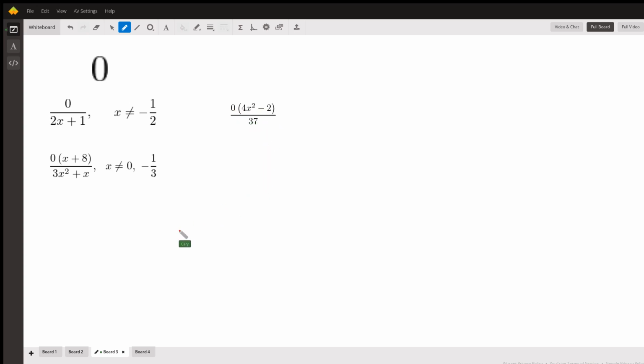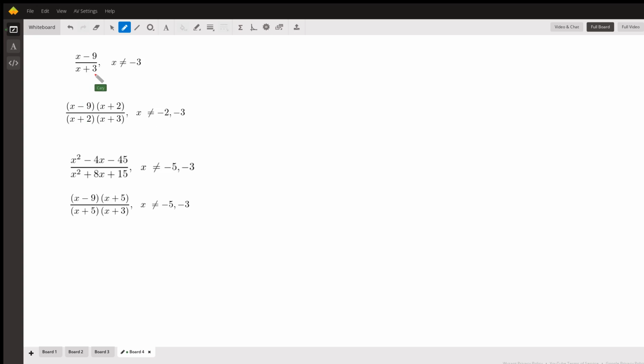All right, on this last one, we are looking at a binomial divided by a binomial. And this is fine as long as we're not dividing by 0. So x can't be -3 because that would be -3 plus 3 on the bottom.